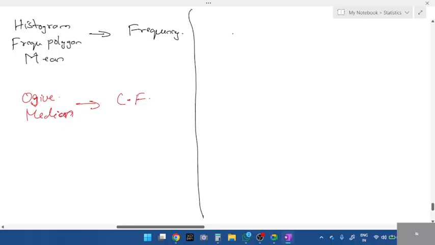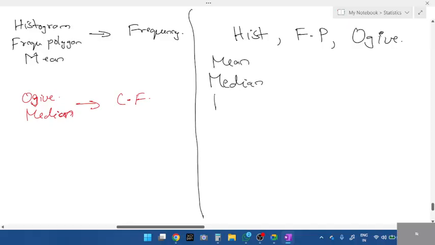Okay, what are the 3 types of graphs, students? Tell me the 3 types of graphs we have. Histogram, frequency polygon, ogive. Okay, ogive graph. Next, what are the different types of methods we have? Mean, median and mode. See, I'll tell you, statistics in the textbook, they've divided into 3 parts.